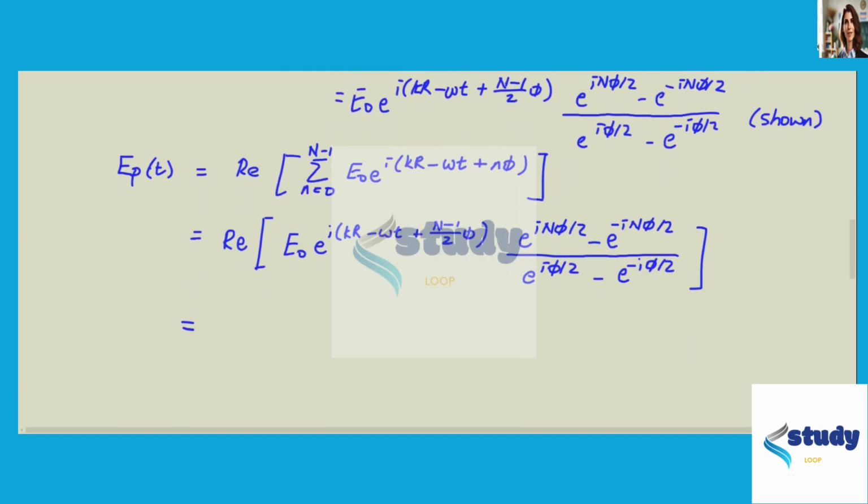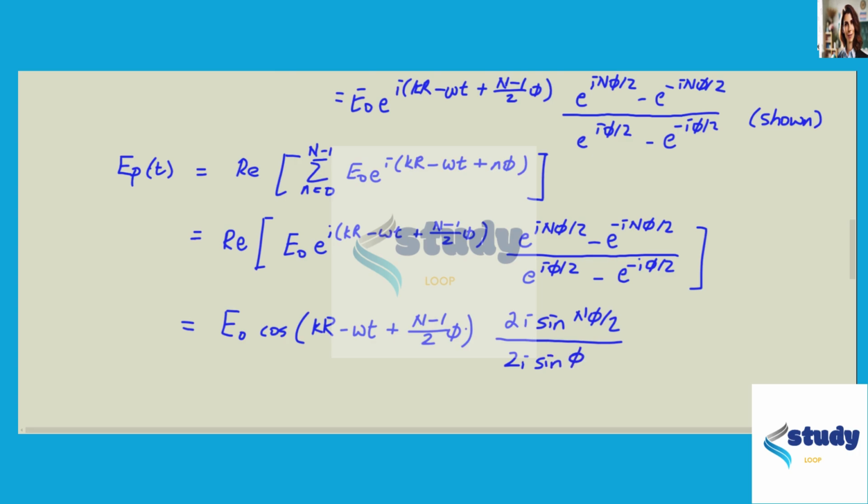So when it comes to taking the real part, this term will get the cosine. Then for the term in the fraction, here we'll write 2i sine n phi divided by 2, divided by 2i sine phi divided by 2.